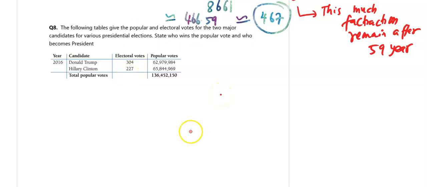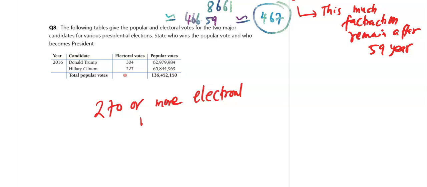To win the election, the popular vote doesn't matter. They have to win the electoral vote. So 270 or more electoral votes win the election for president, right?